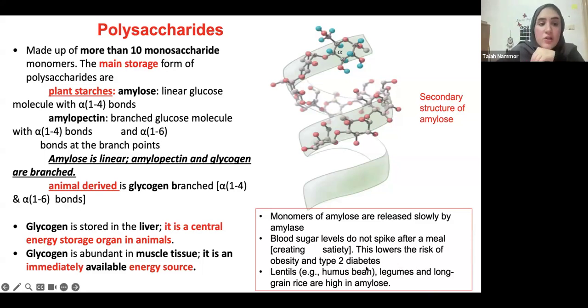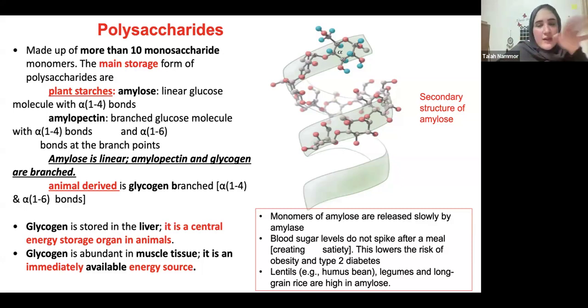And this is better, and it reduces your risk for obesity and type 2 diabetes. Of course amylose is not found in everything. I said bread, but I don't think bread has amylose. Maybe the brown wheat bread probably has amylose, but normal white bread does not.